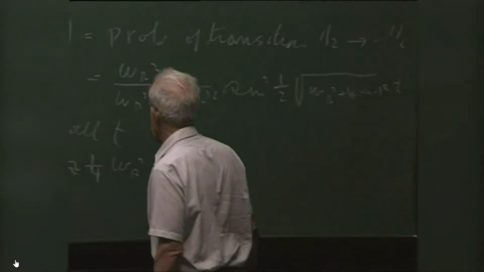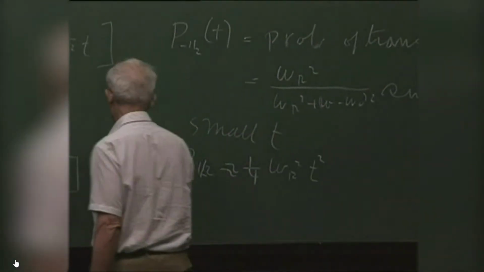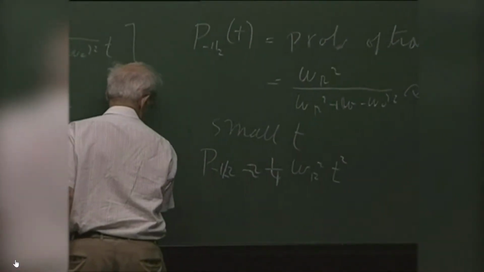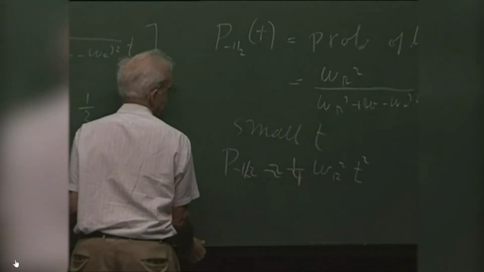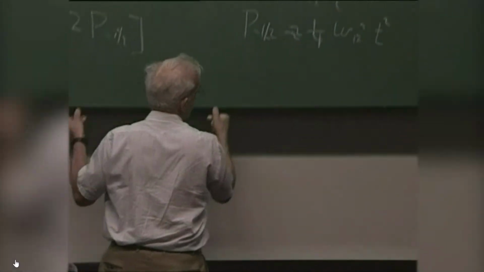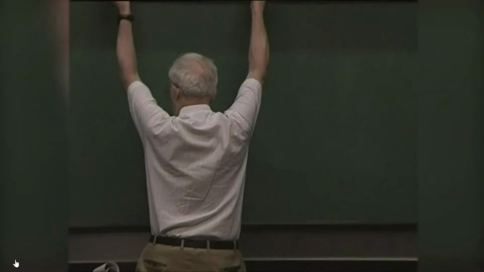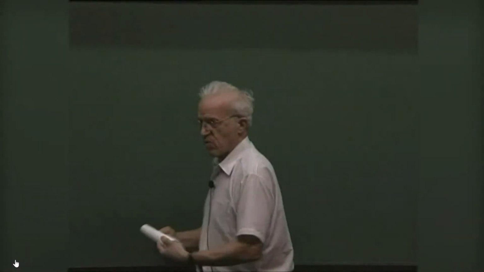Well, let's look at the rate of transition if we want. The rate of change of the transition is the rate of change of its being in this new state.